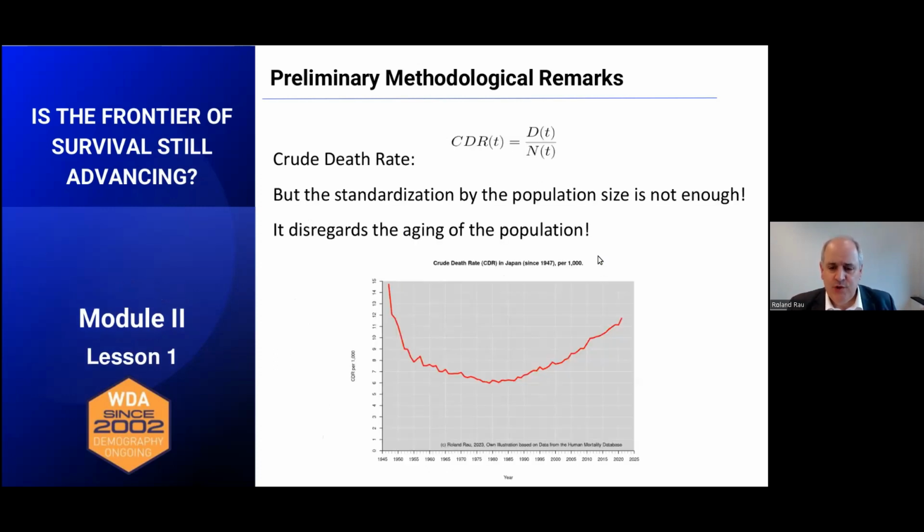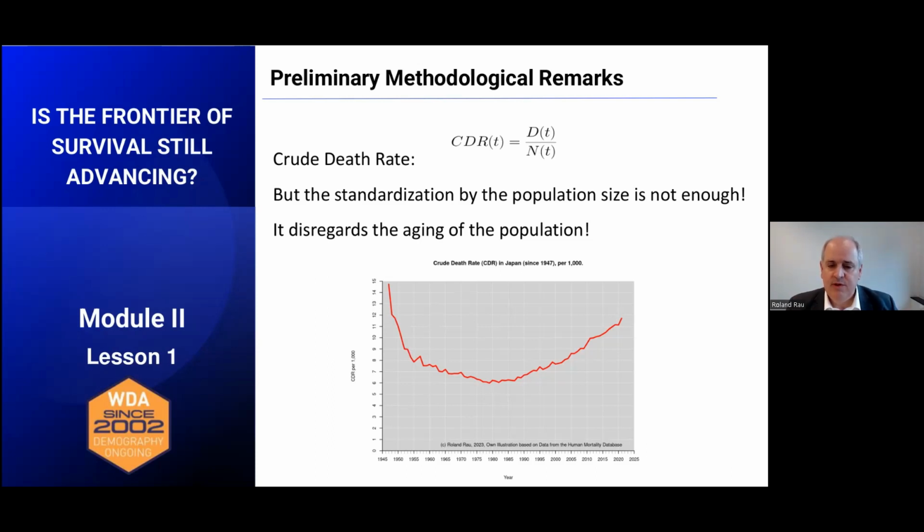A measurement which you see quite often is the so-called crude death rate, abbreviated as CDR, and CDR(T) means the crude death rate in year T. That's usually the number of deaths in a population in a given year T divided by the average population in this year T, often abbreviated by P, or also often N, for the population in a given year T. This is a first step to standardize for the population size, but this is actually not enough.